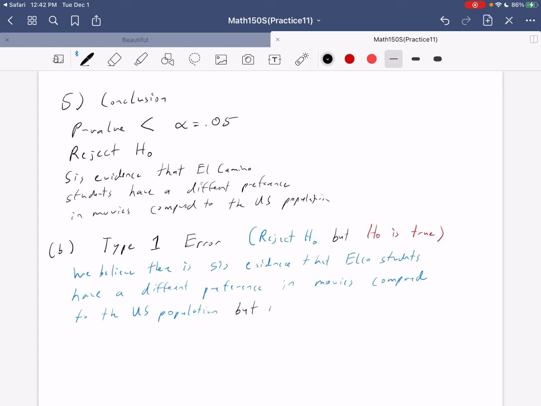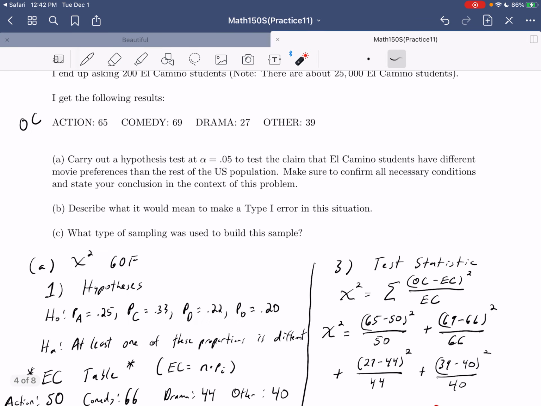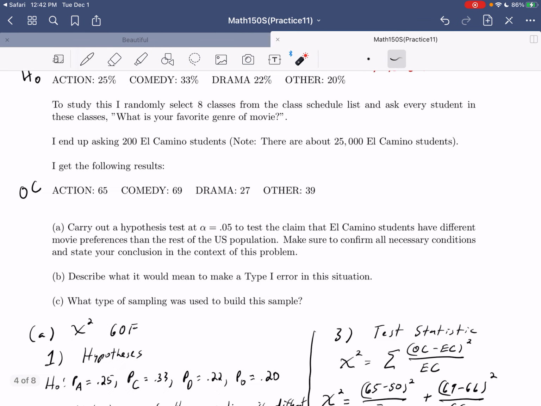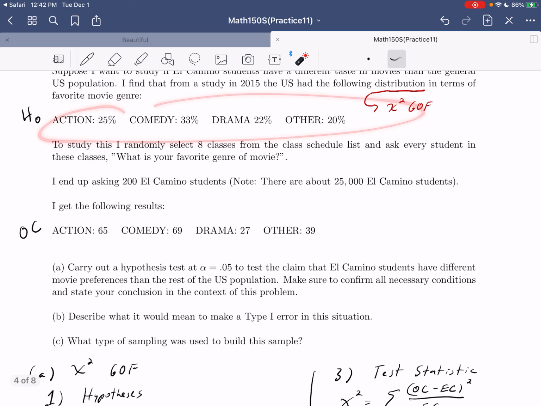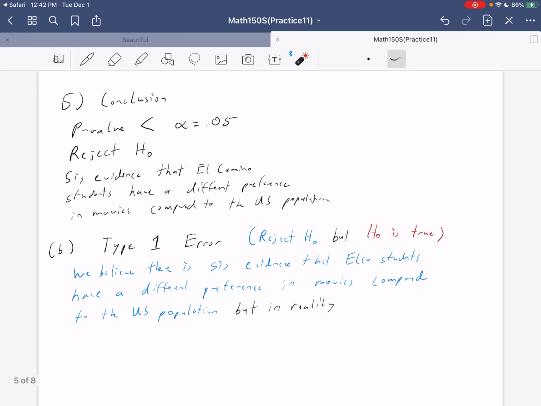But in reality, what does it mean for H0 to be true? Well, if we go back, H0 being true was that all the values are equal to what they were for the U.S. So we would say, but in reality, their preferences are actually the same.